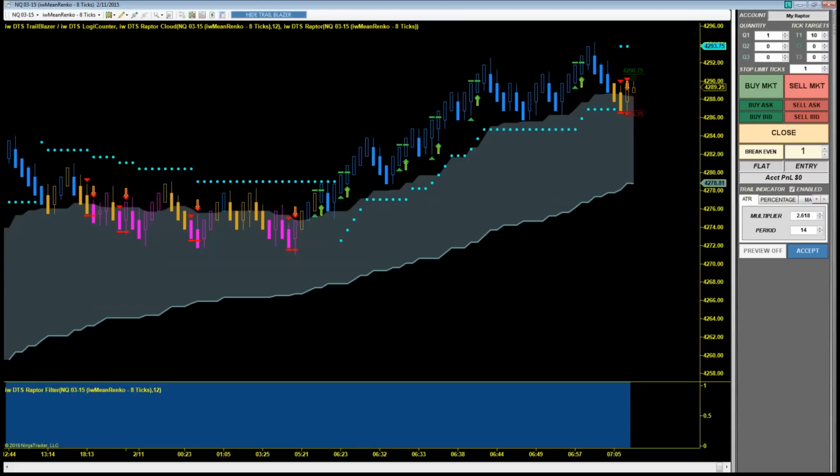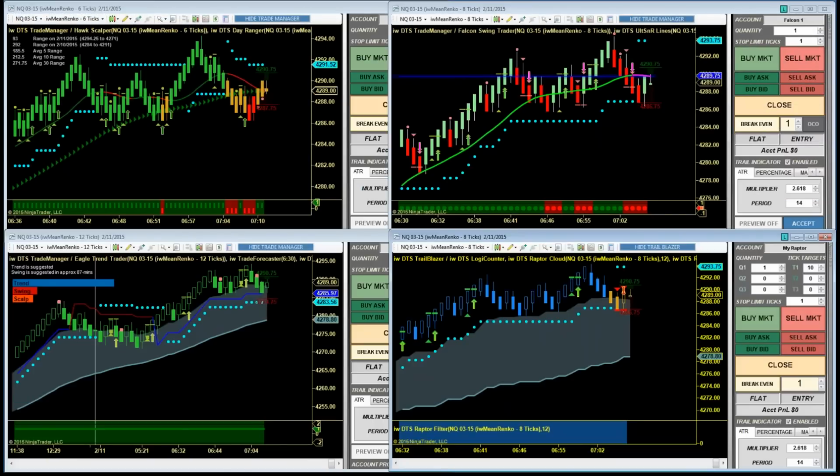You can adjust your filter, and you can also adjust how your brick sizes print. So that gives you a little bit more customizations than you would have on your other tools.